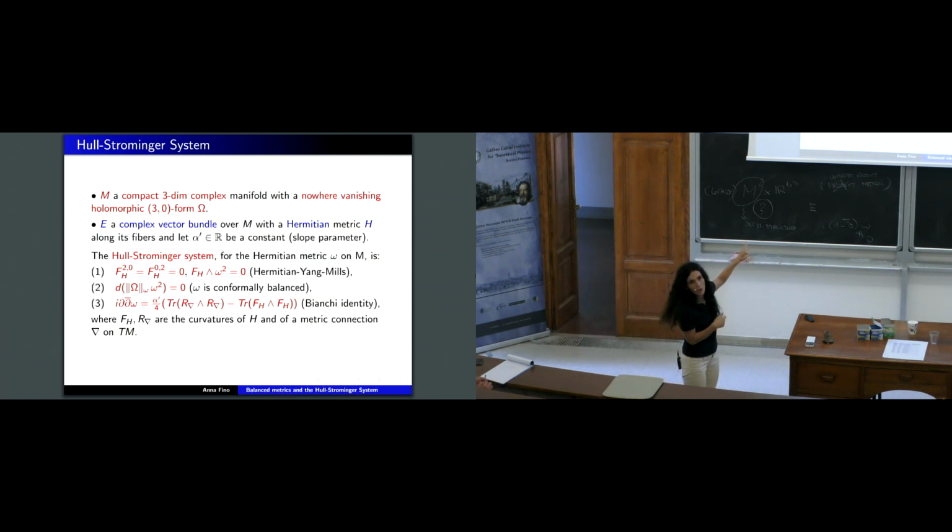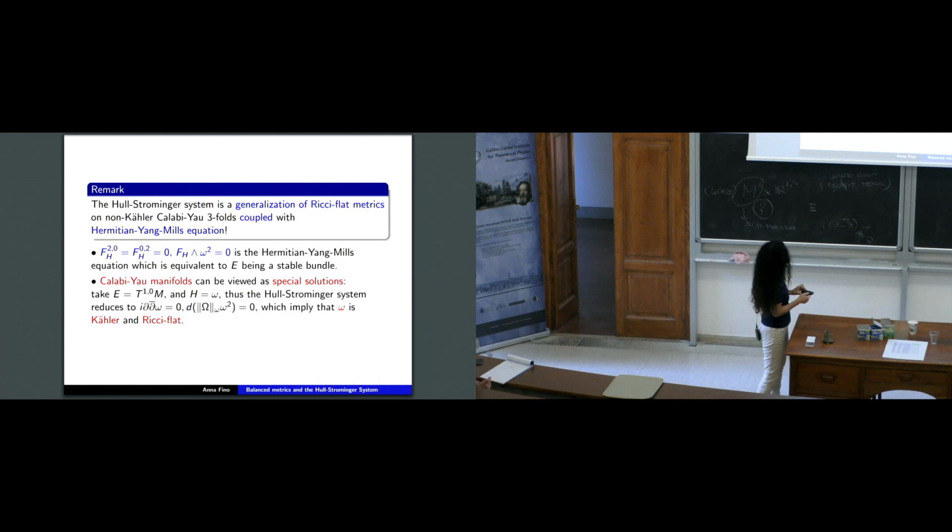Here you have a choice of such nabla, because it's just a metric connection. We will choose the case where nabla is the Chern connection, but there are also other constructions where you don't need that, and in fact the Chern connection is not the right choice from the physical point of view. We'll see in a moment.